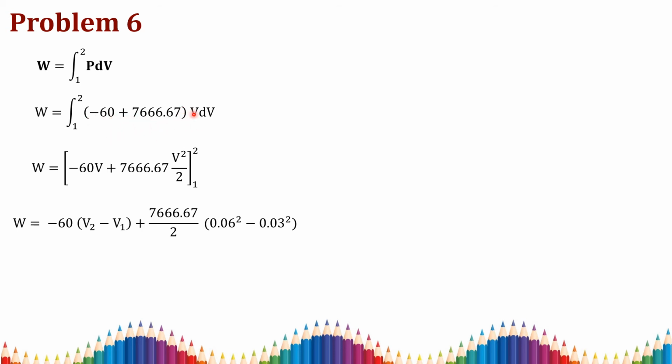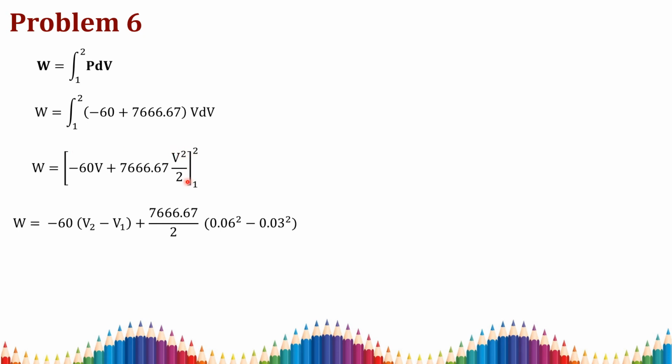Then V into dV. When integrating this, these are all constant values. When we integrate x into dx, we get x power n plus 1 divided by n plus 1. In the same way, integrating V into dV, we get V power 1 plus 1 divided by 1 plus 1, that is V square by 2.